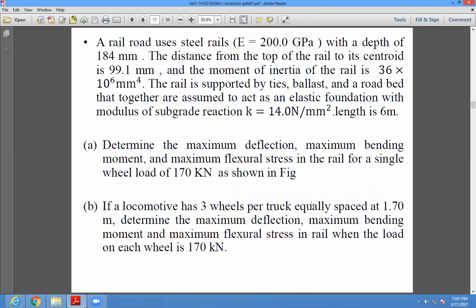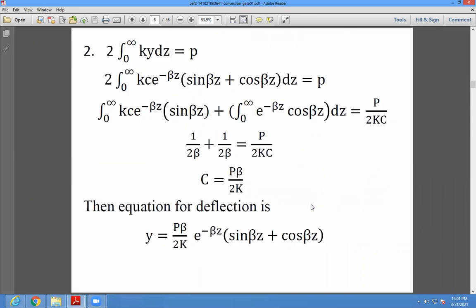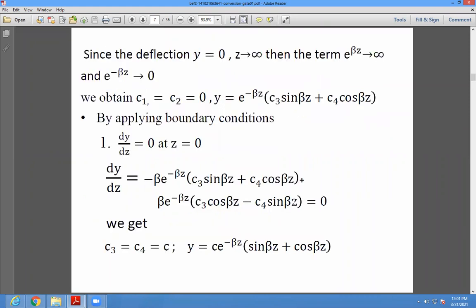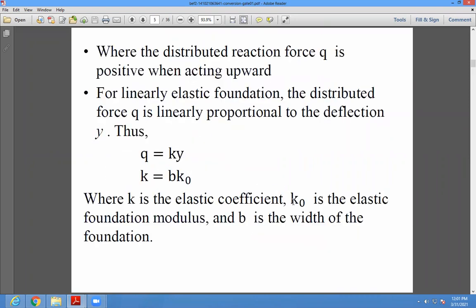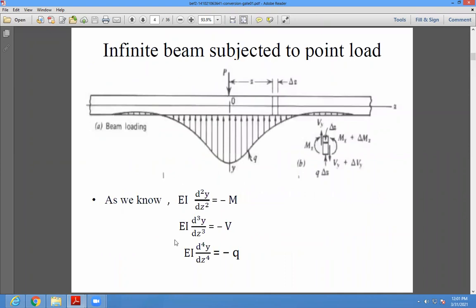So can you write the equations of this deflection, slope, moment and shear? Are you writing the equations? Yes, sir. Okay.